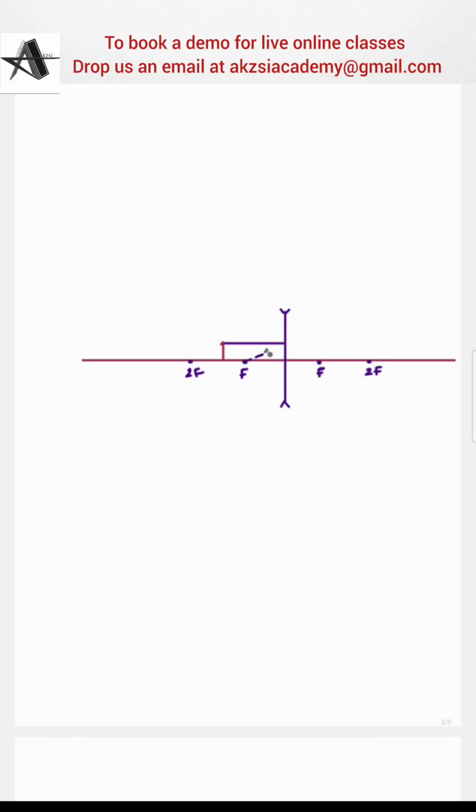F is like this, so it will be tracing the direction of F. If you join F and this in the same direction, you have to trace it. It will go like this. And the second ray is same, passing through optical center undeviated.